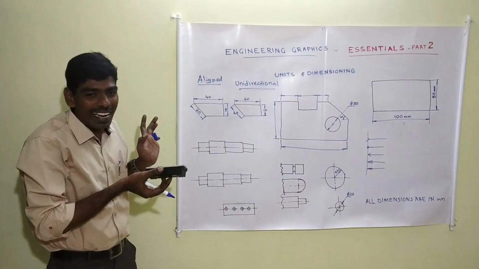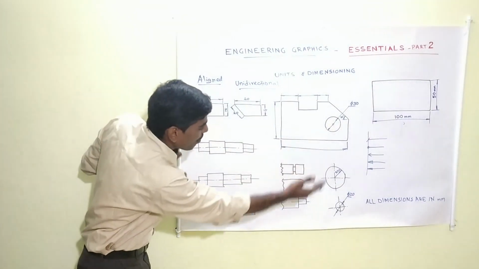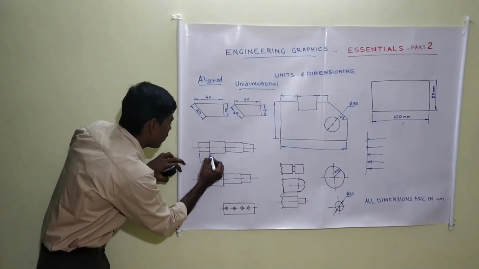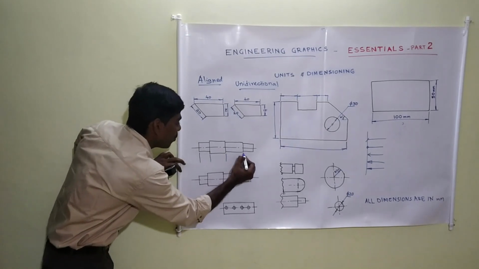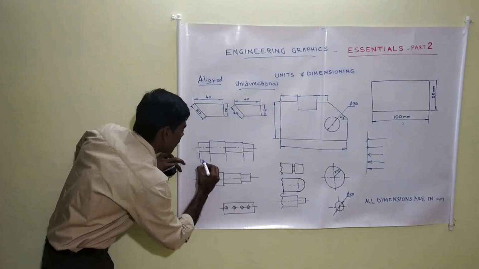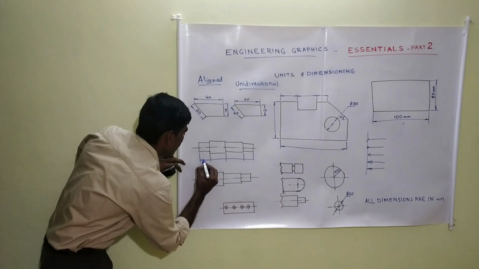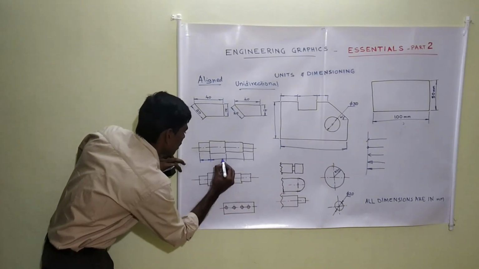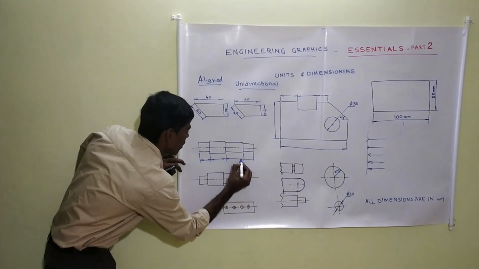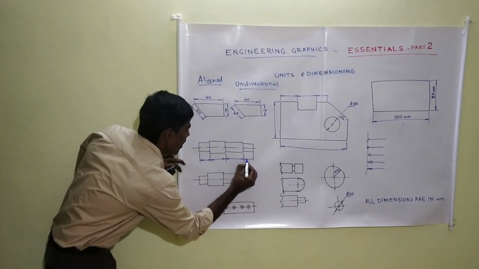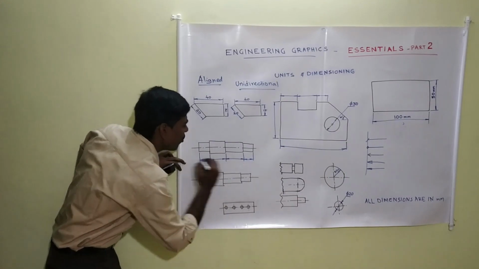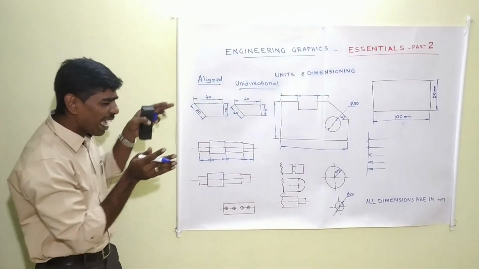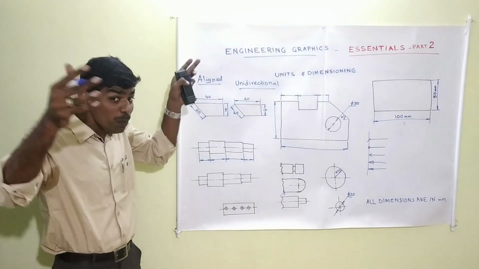So that looks better. Meanwhile, we are having some other types of things as well. So here we have plenty of dimensions to be given. For example, I give this way. I give this way. Let the arrowheads be of uniform size appropriate to the diagram. For example, if the diagram is too small, don't make the arrowheads too big.